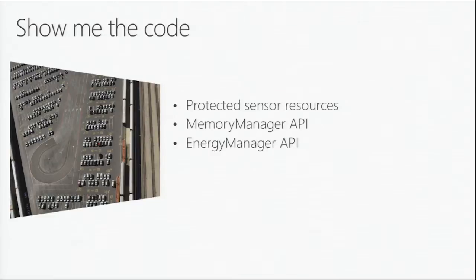Okay, let's look at some code. The code to use the protected resources is pretty straightforward, but there's a lot of different APIs for each of the different resource types. And then the memory manager and energy manager APIs are very similar to each other, deliberately so.